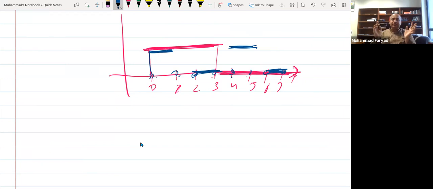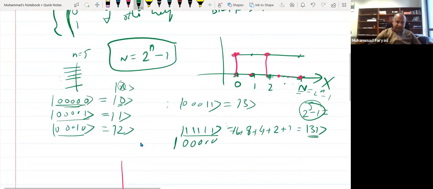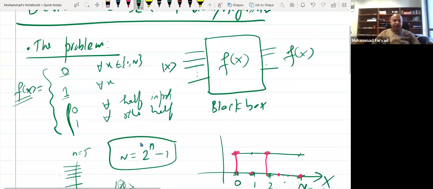And you can think of any crazy combination, like you want it to be 0 for these three, and 1 for this, and 0 for this, and then 1 for these three. You can choose any combination, but for half of the possible inputs it should be 0, and for the other half it should be 1. Which inputs doesn't matter.